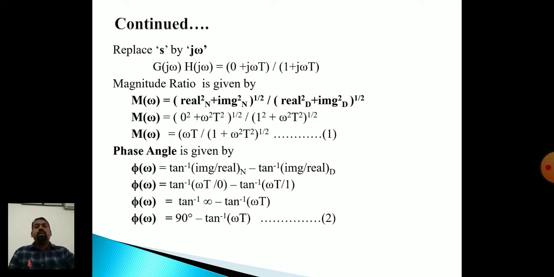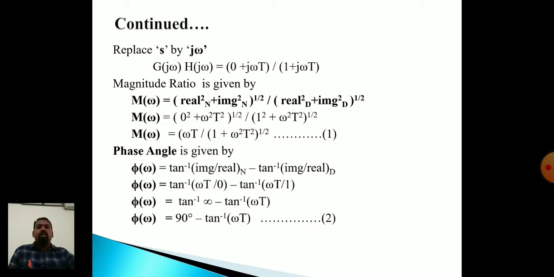Here, step number three once again is to find the magnitude ratio and phase angle. So how to find the magnitude ratio? That is given by M of omega equal to the real square of numerator plus imaginary square of numerator to the power 1 by 2, whole divided by the real square of denominator plus imaginary square of denominator to the power 1 by 2.